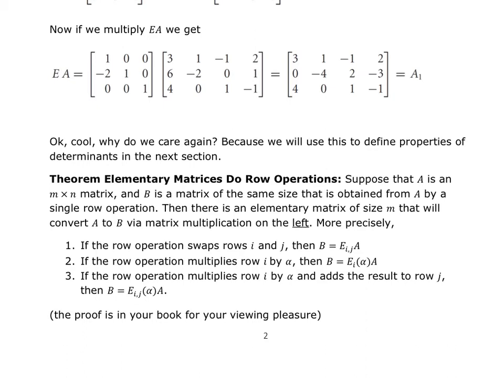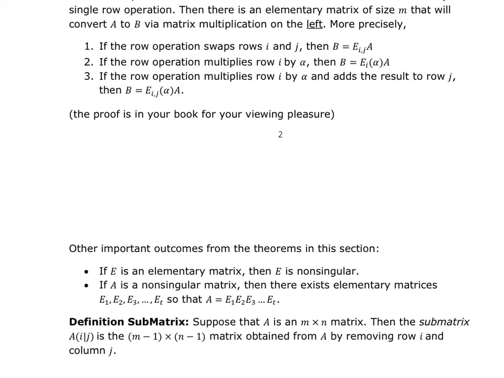When we did that -2 row 1 plus row 2 back into row 2, my E was an E_ij type move. Again, the proof is in your book for your viewing pleasure.